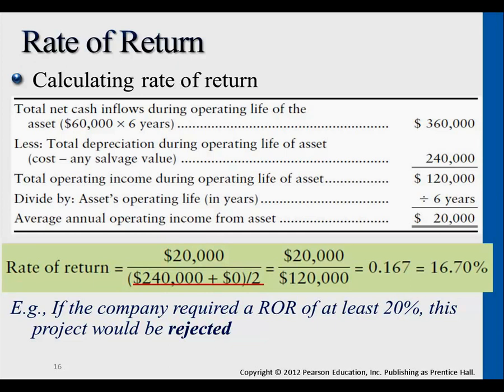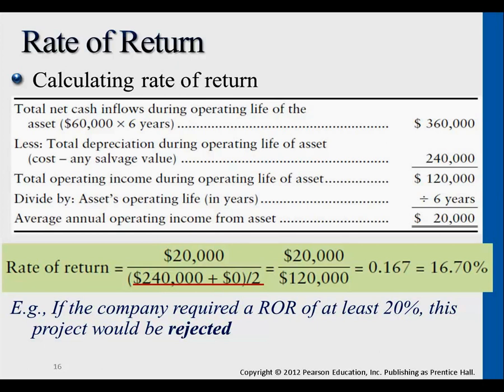What we need now is to understand where the bottom comes from. The bottom is the average amount invested in the asset. The salvage value is 0, and that will be given to you. So we invested $240,000 and have 0 at the end of 6 years. I sum those two up and divide by 2.